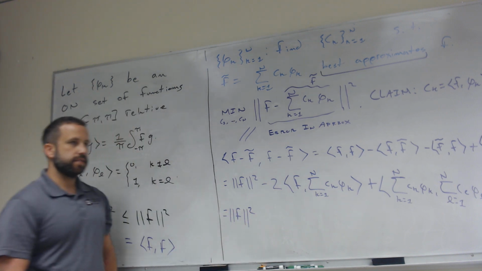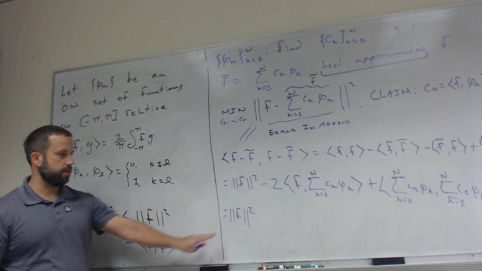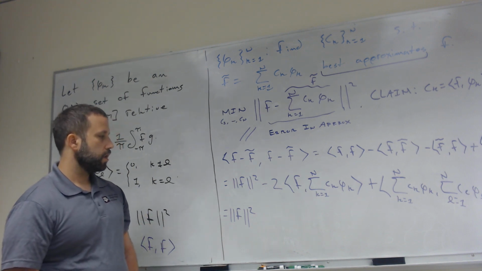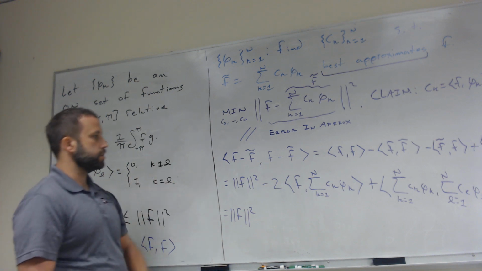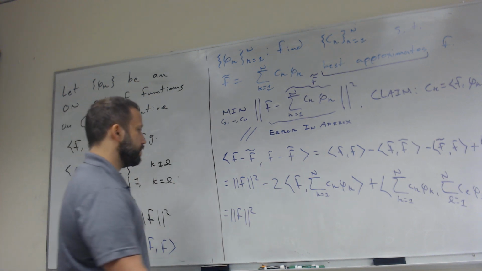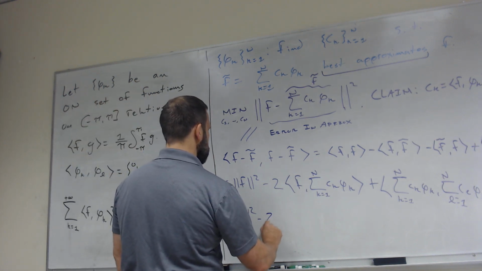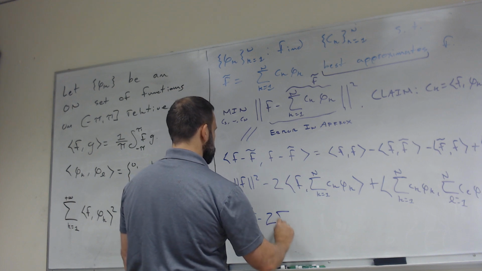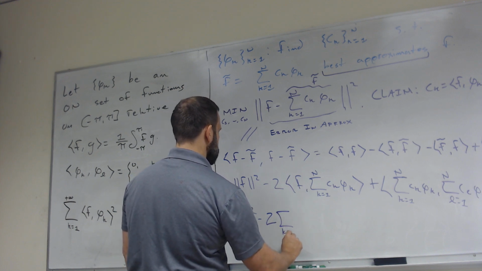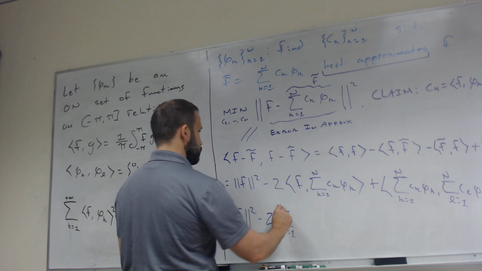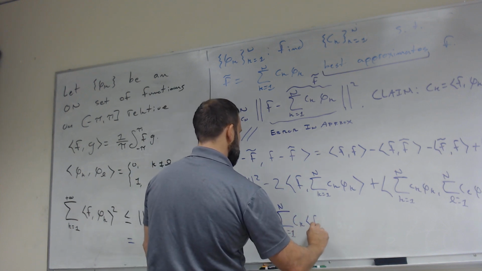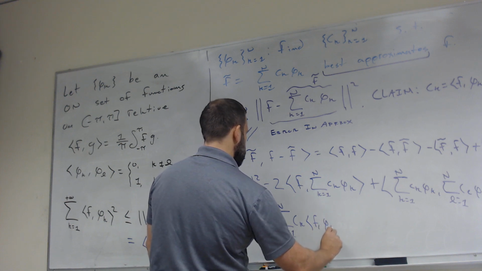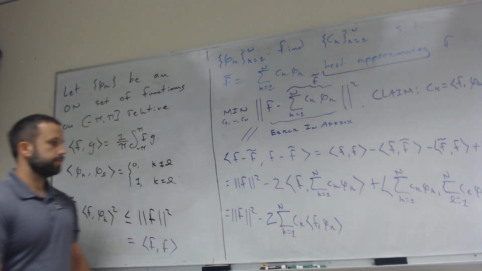So this is the L2 norm squared. Again, using linearity in both components of the real inner product, this is going to be minus 2 times this sum, k equals 1 to n, of ck times the inner product of f and phi k.